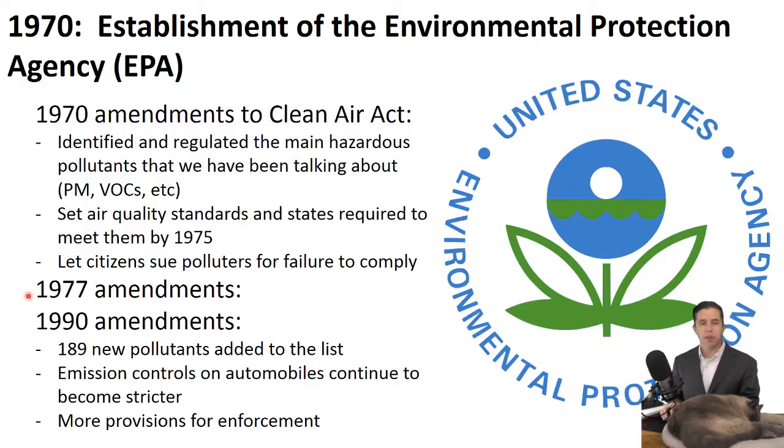So there's amendments in 1977, there's amendments in 1990, and what happens throughout time is that more and more air pollutants are added to the list. So we went over some of the big ones, right? SO2, carbon monoxide, those things. As time has gone on, more pollutants have been added to the list and more regulations about how much you're allowed to emit into the atmosphere.